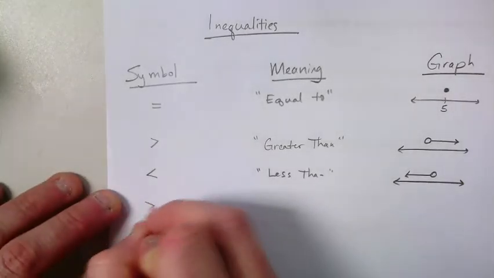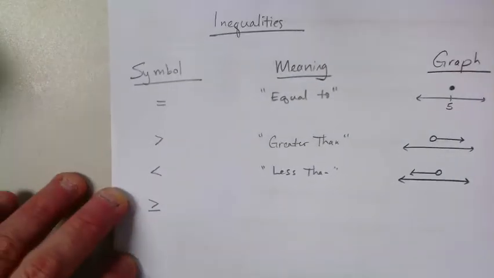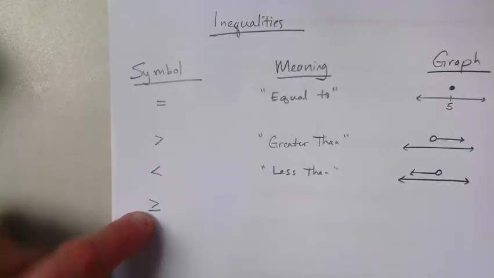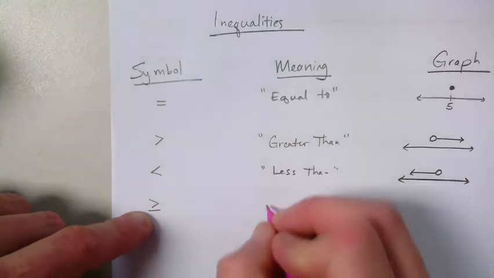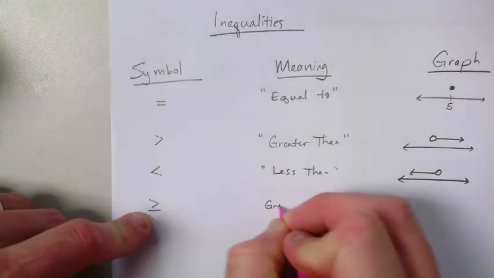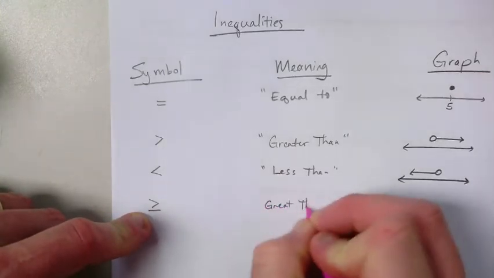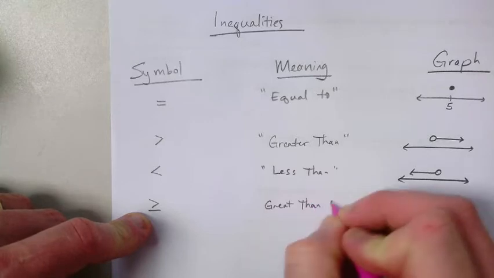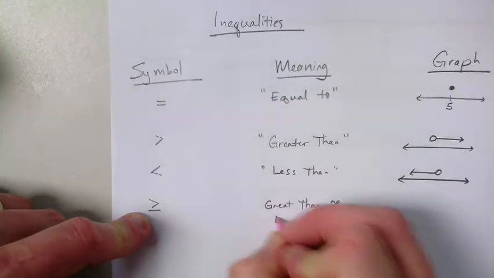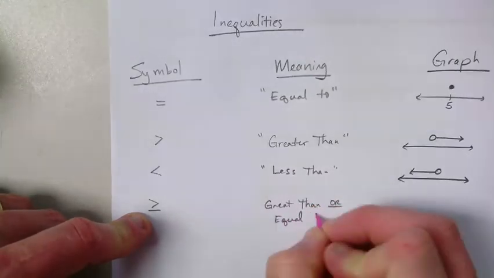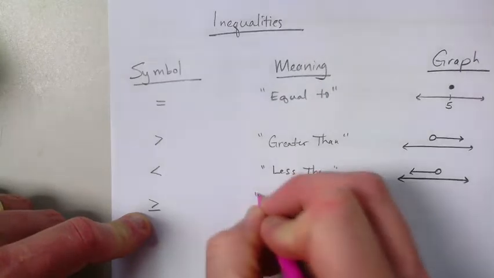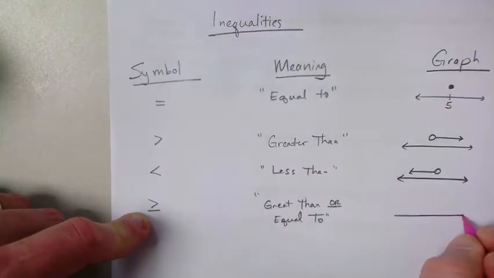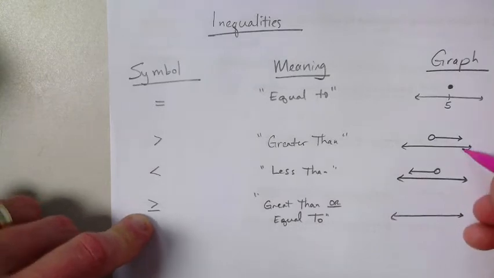If I go ahead and do this right there, does anyone know what that line underneath represents? That is or equal to. So this would be your greater than or equal to. It doesn't change very much from what we saw in this second example.